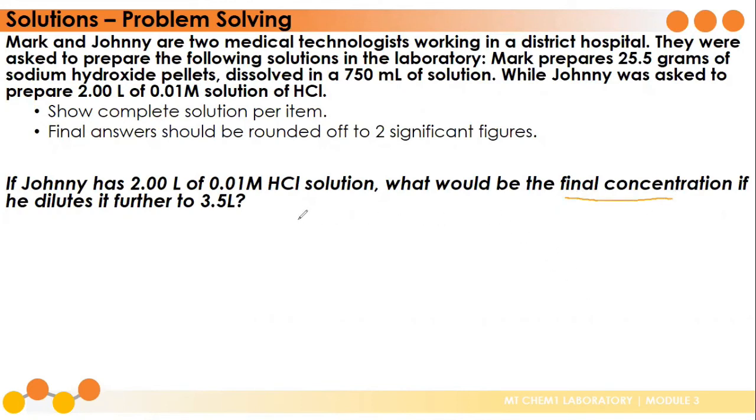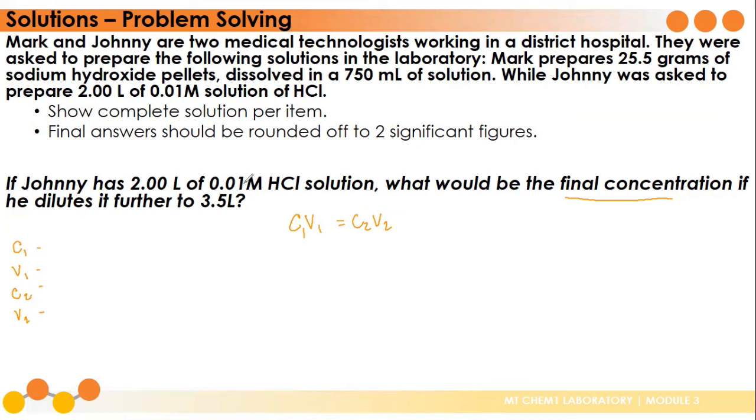Remember that in dilution, we are using the formula C1V1 equals C2V2. Let's now analyze the problem and identify first our given. We have to identify the first concentration, the volume, the final concentration, and the final volume.